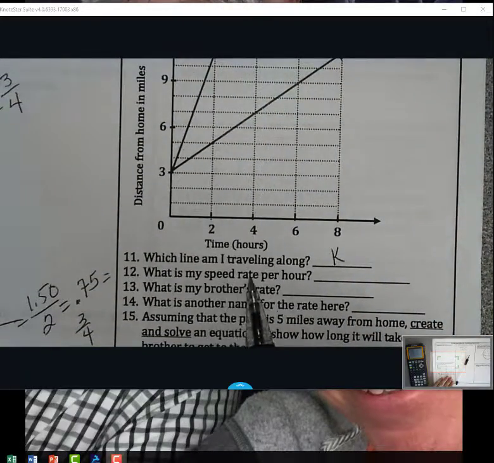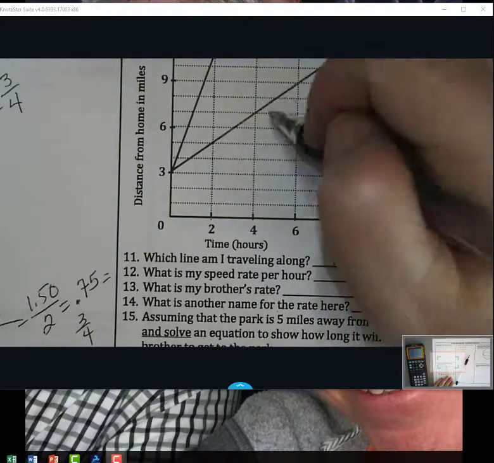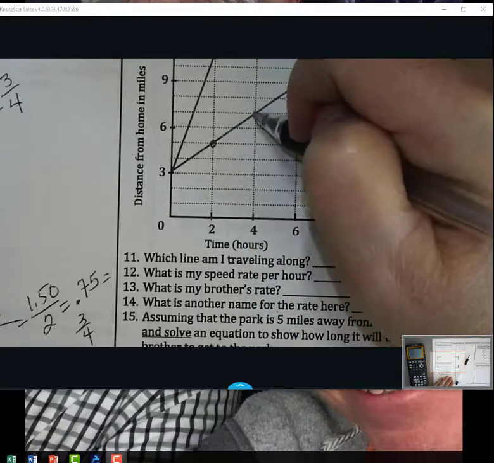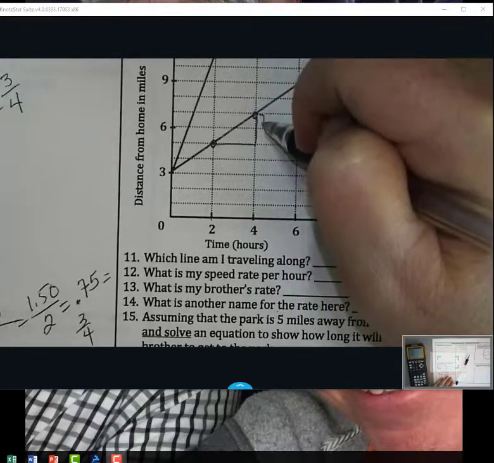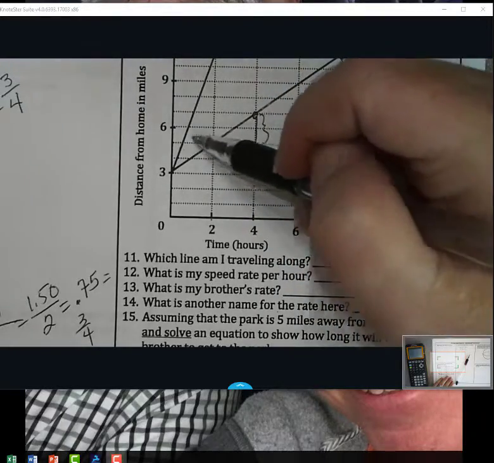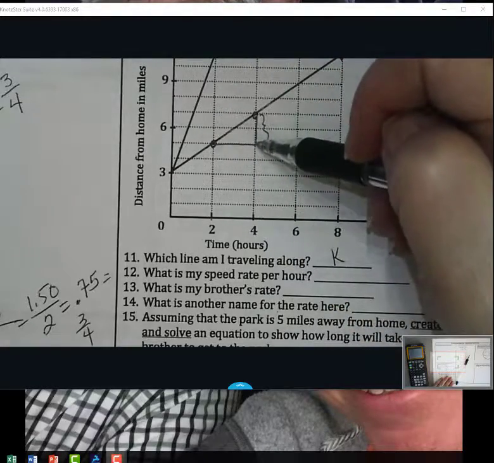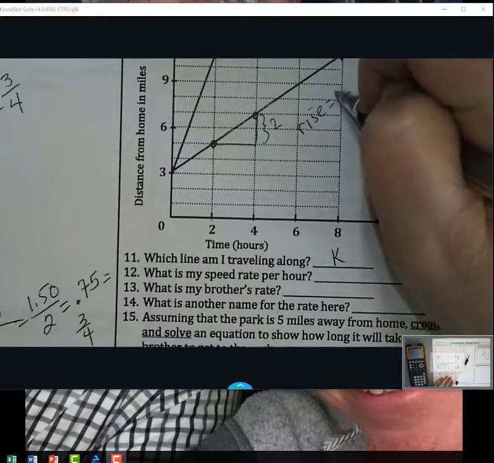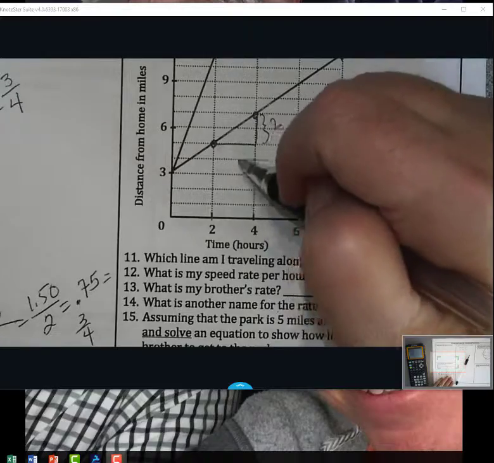What is my speed, my rate per hour? So we need to figure out, I'll use these 2 points right here. So this was, let's see, 3, 4, 5, 6, 7, 8. These are going by 1, so this is up 1, 2. So the rise is 2 over the run, which was also 2.